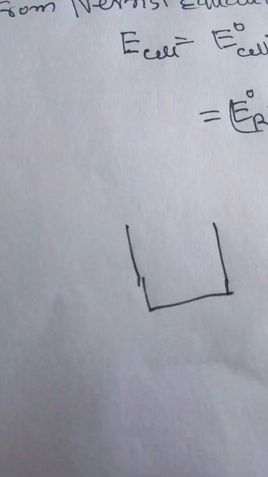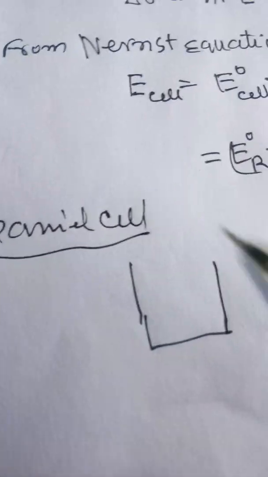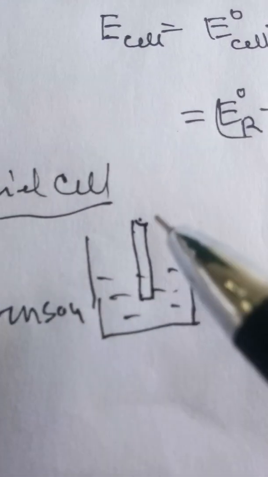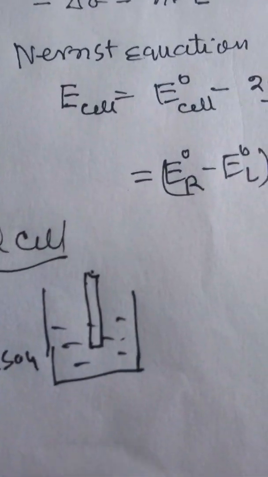We are taking the example of the Daniell cell, which is one of the galvanic cells. Here this is the zinc sulfate solution, and a zinc rod is put in the solution like this.